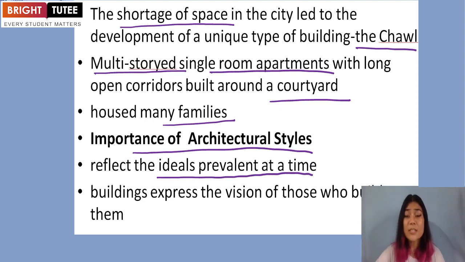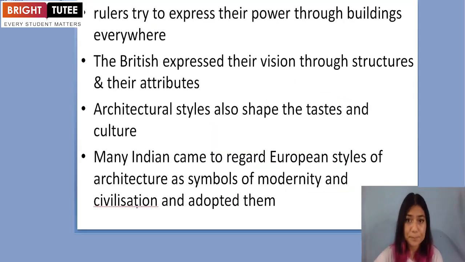These buildings expressed the vision, the aim, the understanding, and the notions of those who built them. By building certain types of buildings, the rulers were trying to express how they understood themselves as rulers and how the subjects, the ones subjugated by the rulers, should be understood.